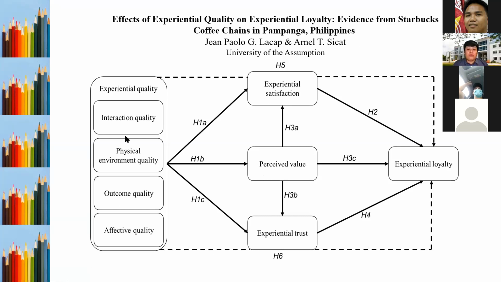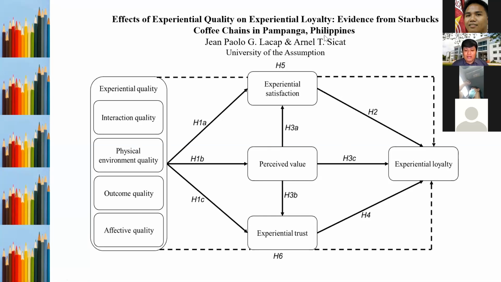This time we use several constructs. One, experiential quality, which has 4 dimensions: interaction quality, physical environment, outcome, and affective quality. Then we have other constructs: experiential satisfaction, perceived value, and experiential trust. And our outcome variable is experiential loyalty.